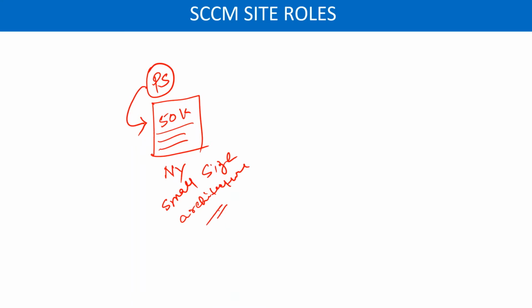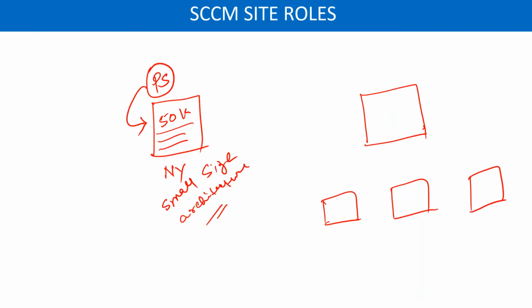Only one primary site. If you expand your business, let's say now you have put up branch offices in multiple locations. Let's say New York is your headquarter, and now you have branch offices in Mexico, London, and Mumbai.